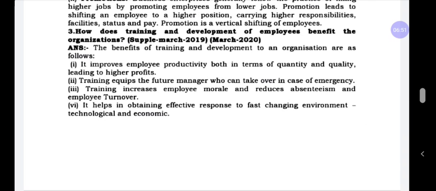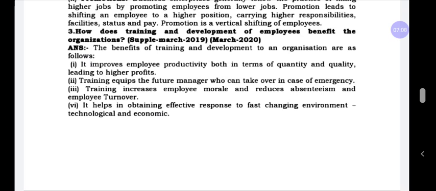And the third and last question in Section C is: how does training and development of employees benefit the organization? They asked this question in the supplementary March 2019 and March 2020 examinations.